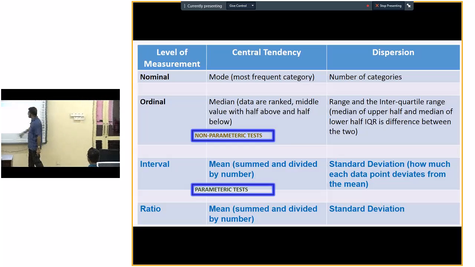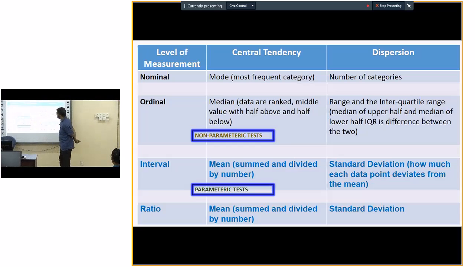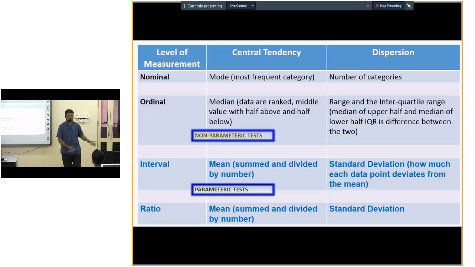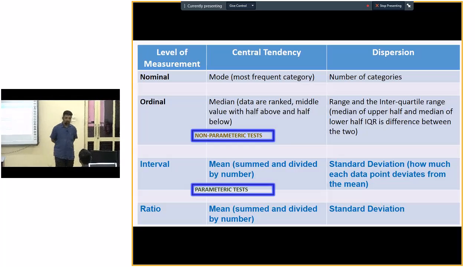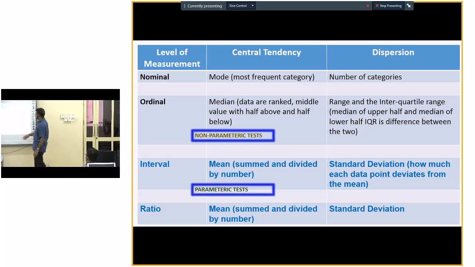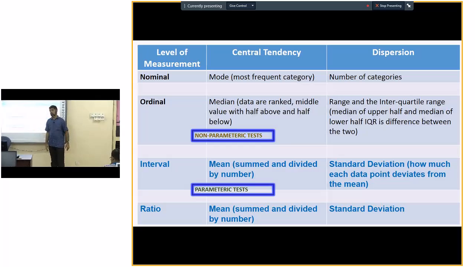If we move to ordinal level data, ordinal level means, for example, strongly disagree to disagree, then we can see a particular classification or order. At that time, we can take the median. Median is more meaningful than other measures of central tendency.